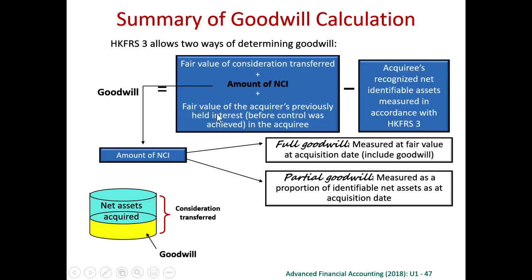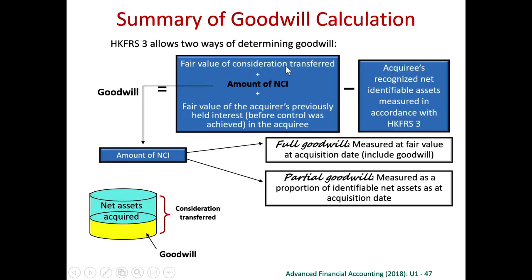So if you have had some shares or investment in this acquiree before, it should be measured at fair value at the day of acquisition. So this is 100% of the investment value, right? 100% of the shareholders' value minus 100% of the net asset. So what we pay minus what we get is goodwill.